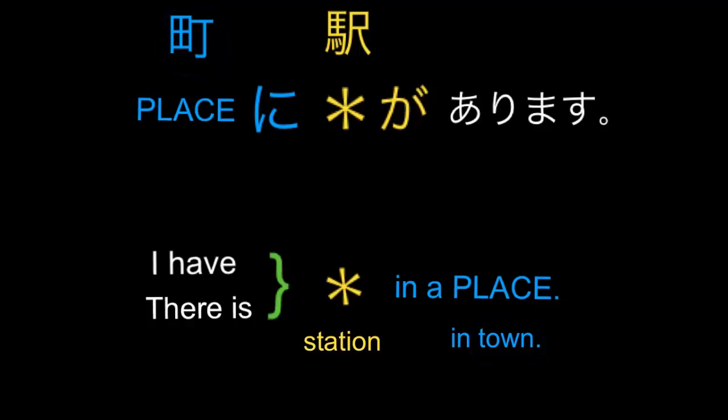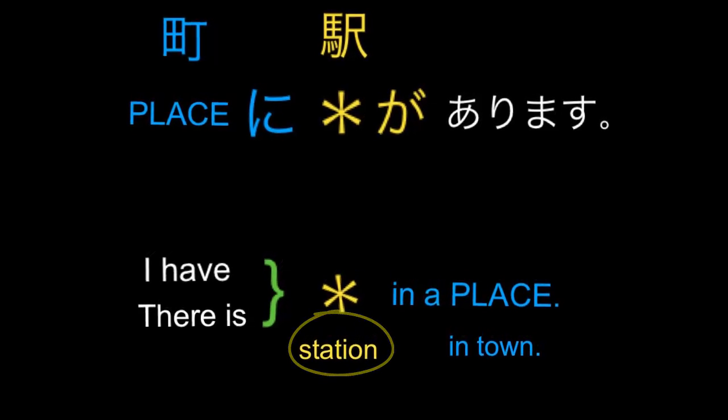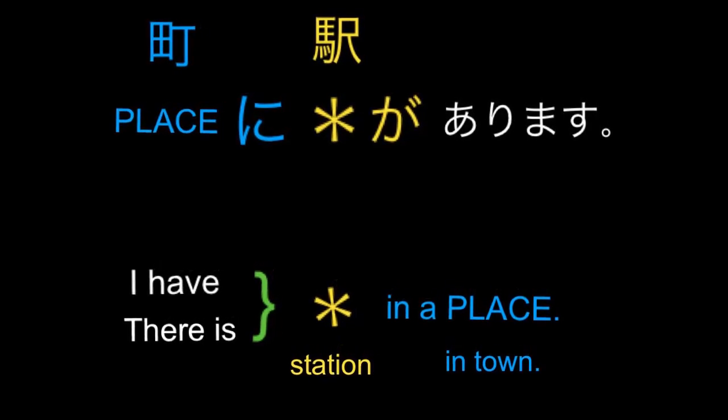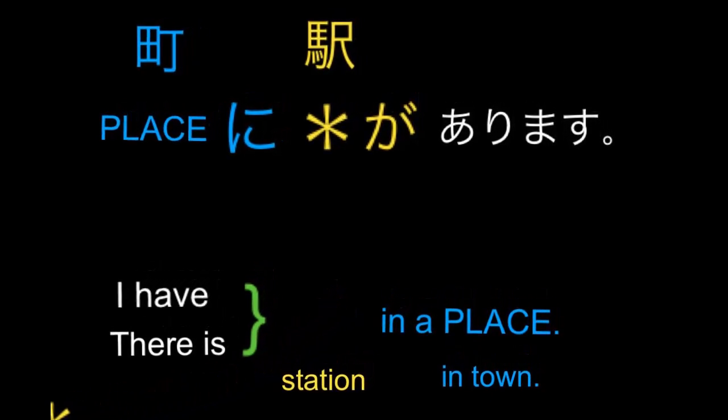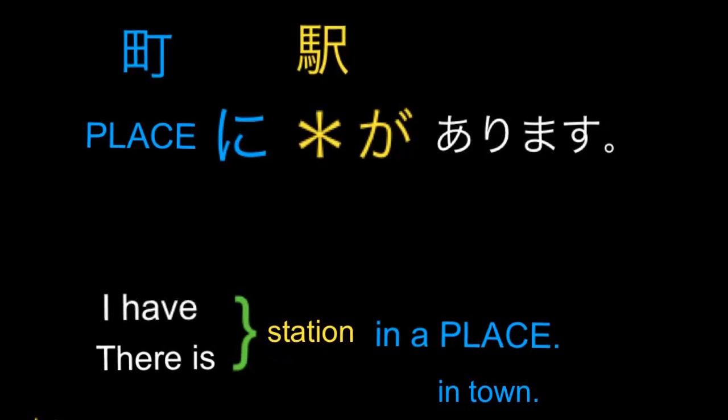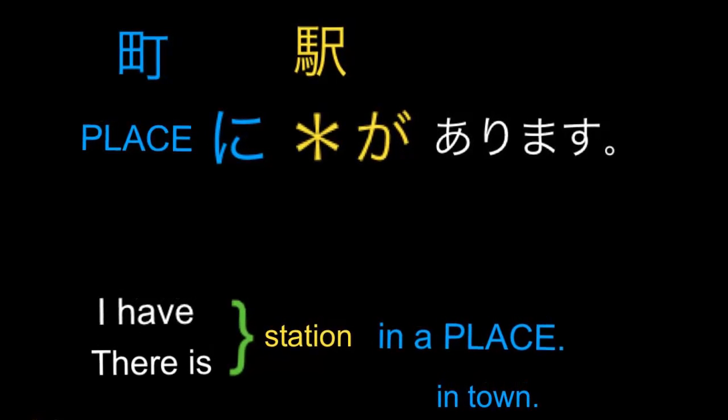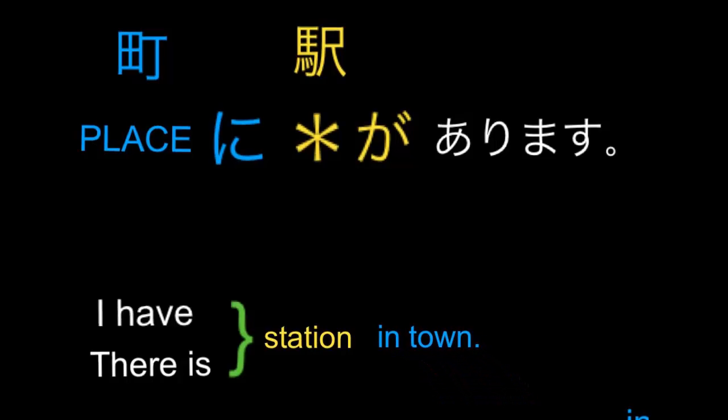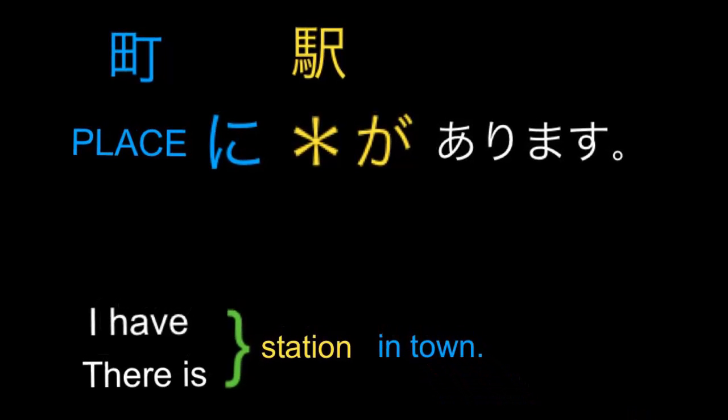And for the thing that exists there, that we have there, is a station. So let's do the English sentence first. Let's remove the thing that exists and pop station in there. And then we're going to change the location to town. And of course we need in as well.